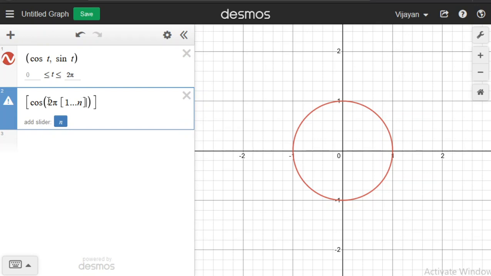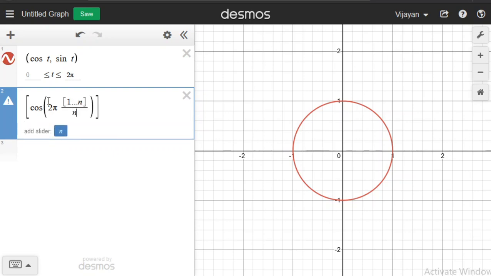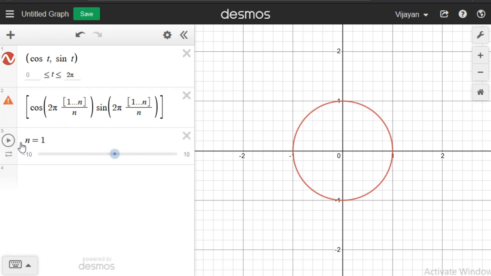Again here, in the denominator I have to give n, and here I have to multiply it with sine. I will copy the same argument over here, and I will add a slider for n. As I add the slider, let me see whether it is working or not. I think I have to give a comma in here.